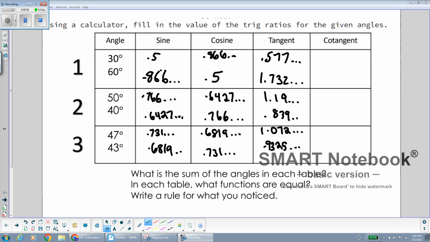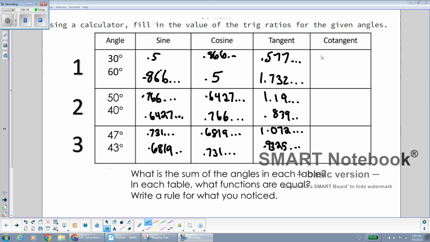Remember that cotangent is the reciprocal of tangent. So I can type that into my calculator as 1 divided by tangent to get cotangent. So if I want cotangent of 30 degrees, in my calculator, I'm going to type in 1 divided by tangent of 30 degrees.